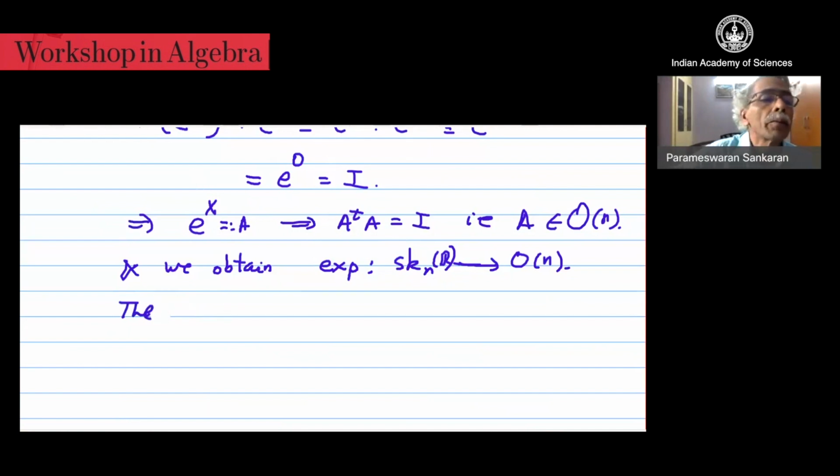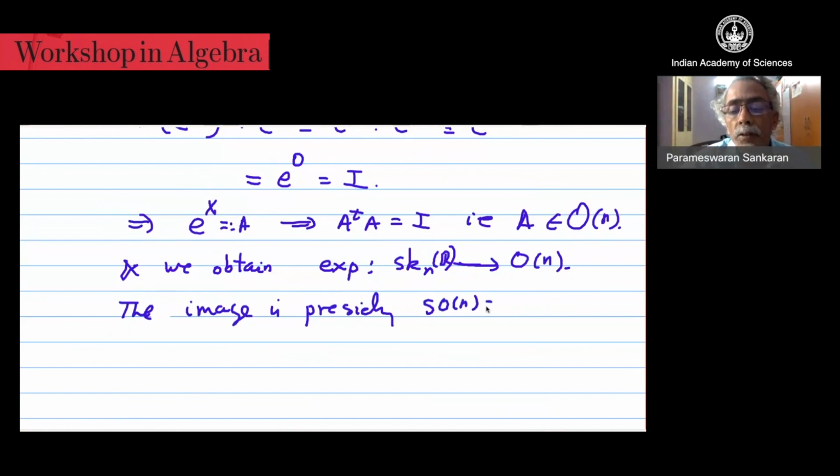The image is precisely SOn, which is the space of all matrices A in Mn of R, called the special orthogonal group, such that A transpose A is identity and determinant of A equals +1.